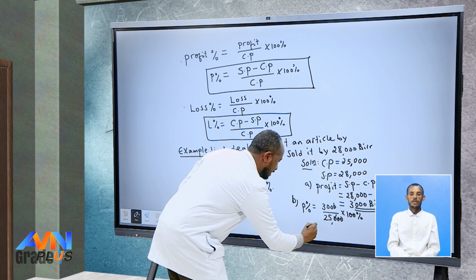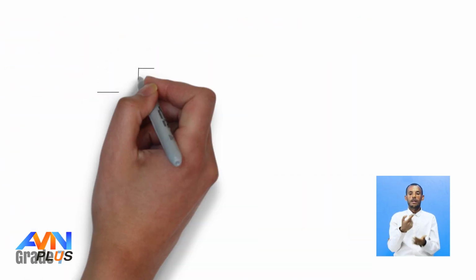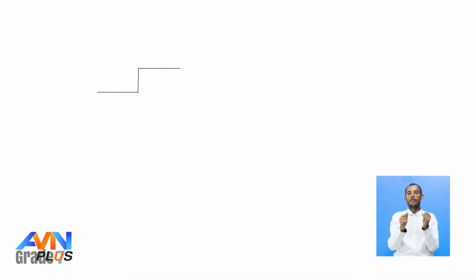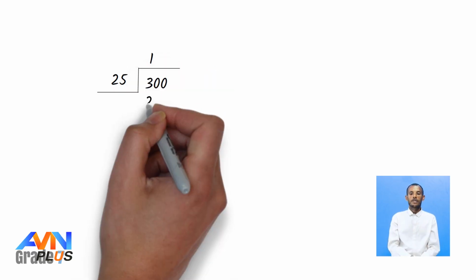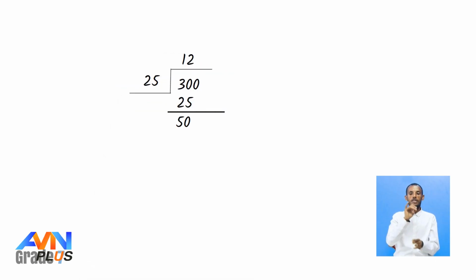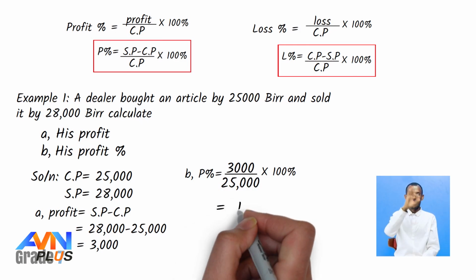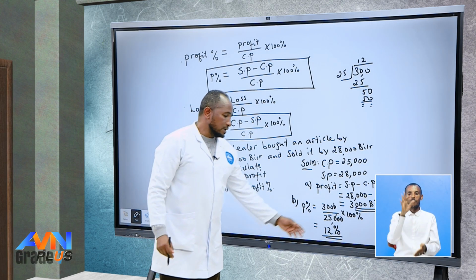When you divide 300 by 25, 1 times 25 is 25. 30 minus 25 is 5, just put 0 down. 50 divided by 25 is 2. 2 times 25 is 50. Therefore, 12. Therefore, his profit percentage is 12%. That's it.